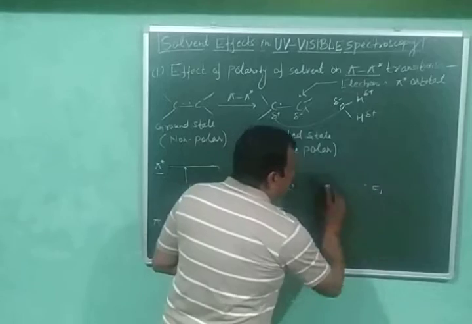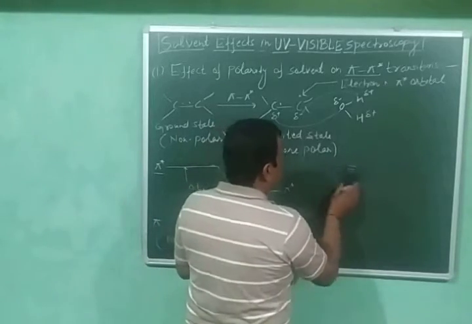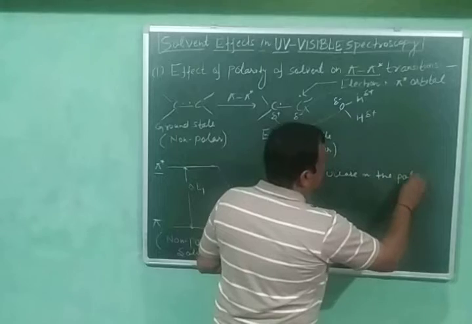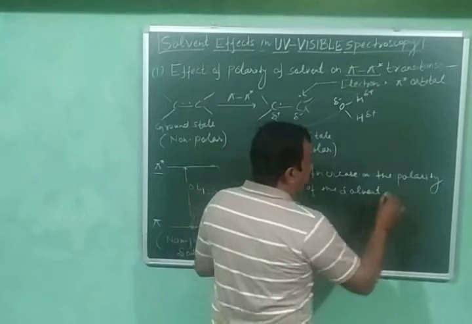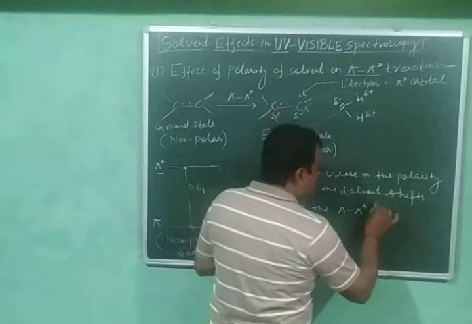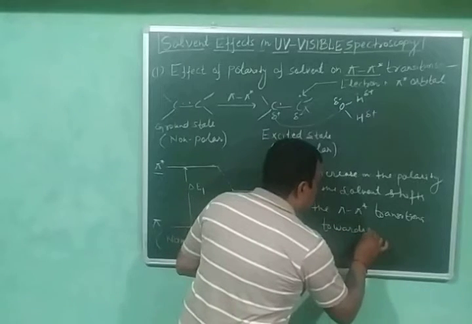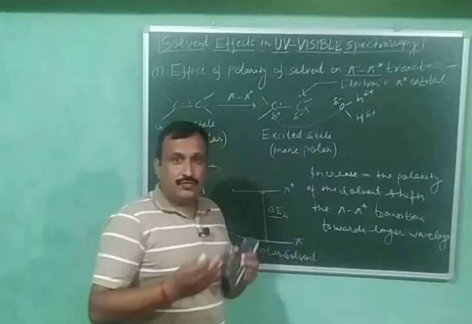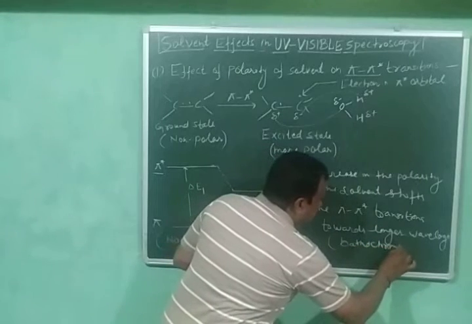So I can say here that an increase in the polarity of the solvent shifts the pi to pi star transitions towards longer wavelength, and this shift is also called a bathochromic shift.